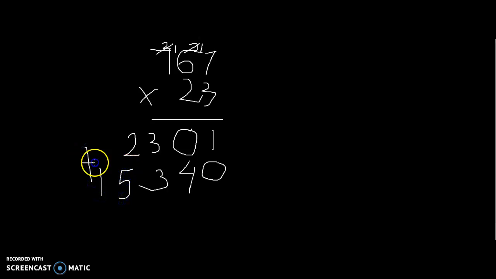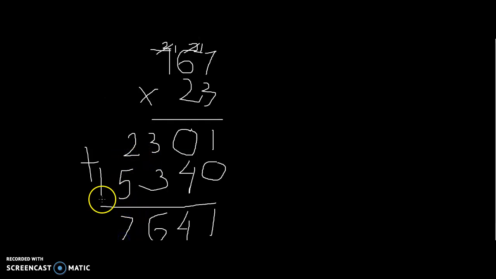We add them up. We go 1 plus 0 is 1, 0 plus 4 is 4, 3 plus 3 is 6, and then 2 plus 5 is 7, and then there'll be 1 because there's nothing there.